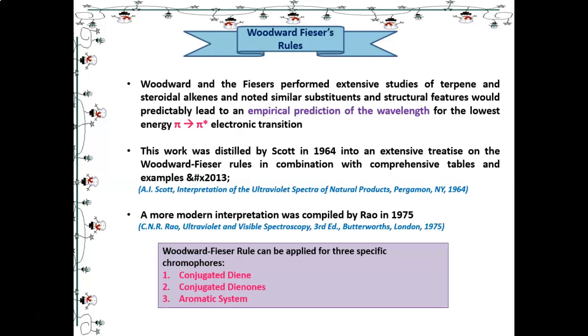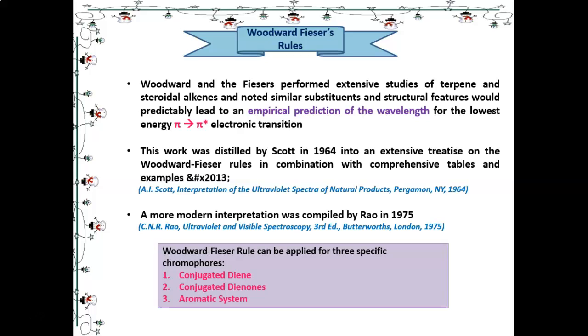The inputs used in the calculation are the type of chromophore present, the substituents on the chromophore, and the shift due to the solvent. So basically, with the Woodward-Fieser rule, we want to determine the maximum absorption, or lambda max.